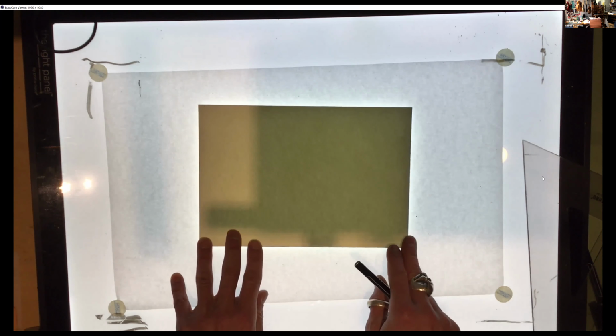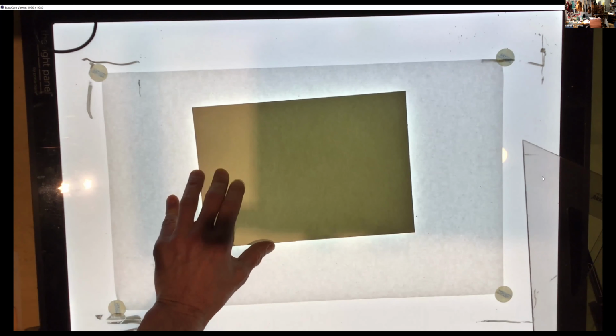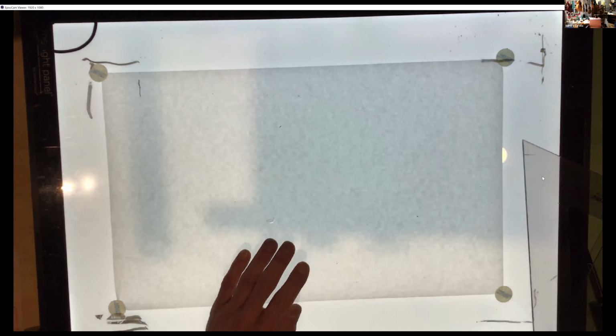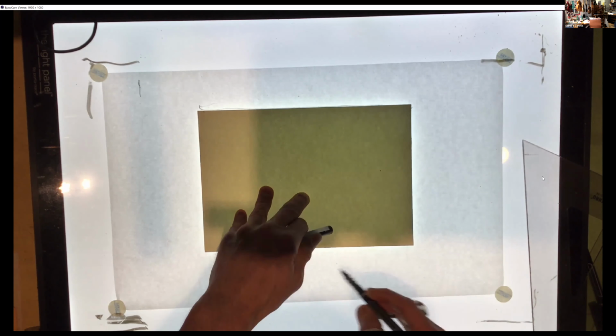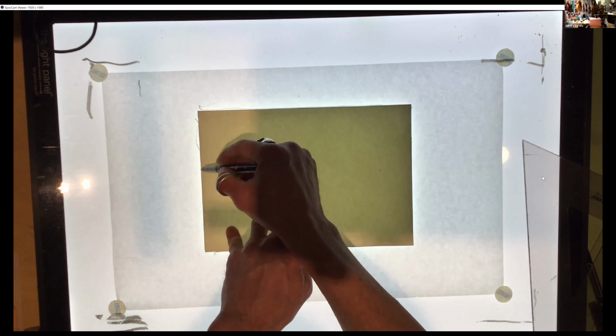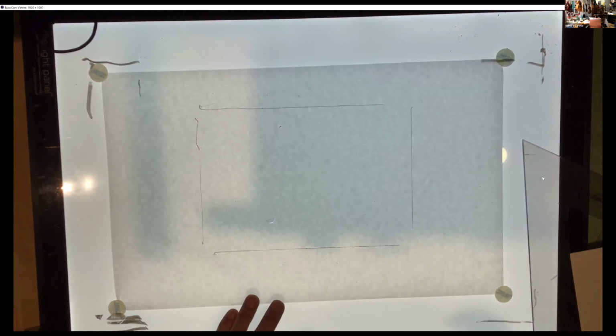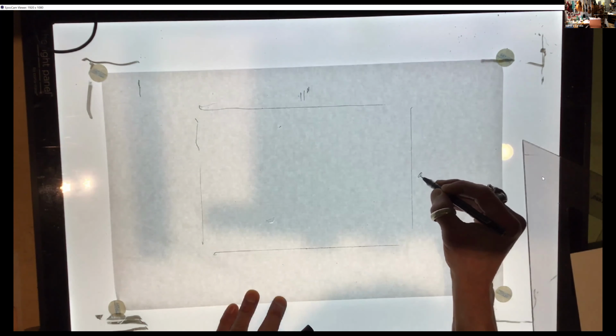This is about that big. See, here's the reason I use trace paper, because it just casts crazy shadows. Let me draw the outline of what's about. Let's imagine that this is about 11 inches, this is about 8.5 inches.